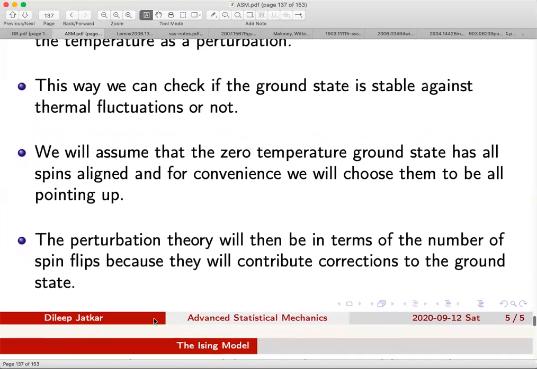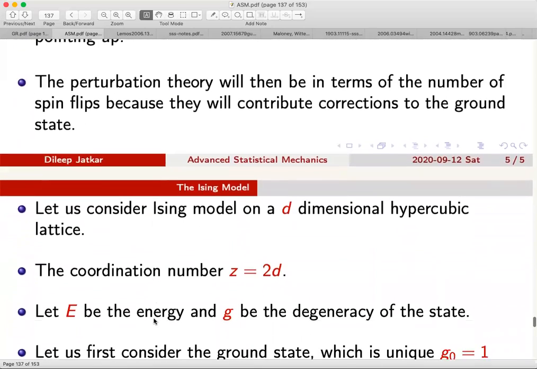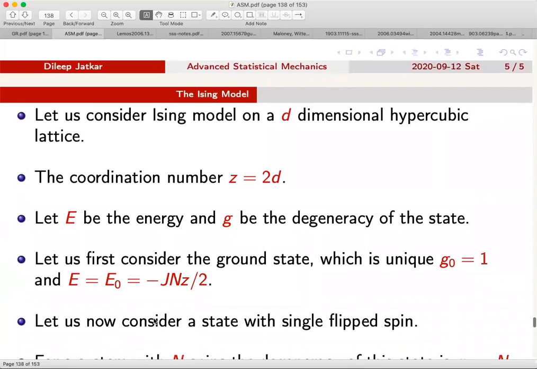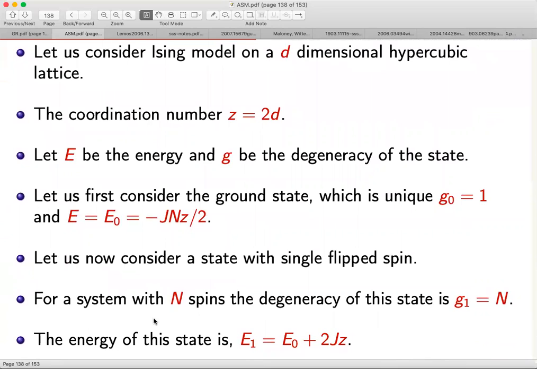Okay, sir. So in that case, let's try to look at this model in arbitrary dimensions. So let us assume that this model is on a d-dimensional hypercubic lattice. Remember, a one-dimensional lattice or a two-dimensional square lattice are the simplest examples of hypercubic lattices. In a one-dimensional lattice, if you pick a spin, you have two neighbors.